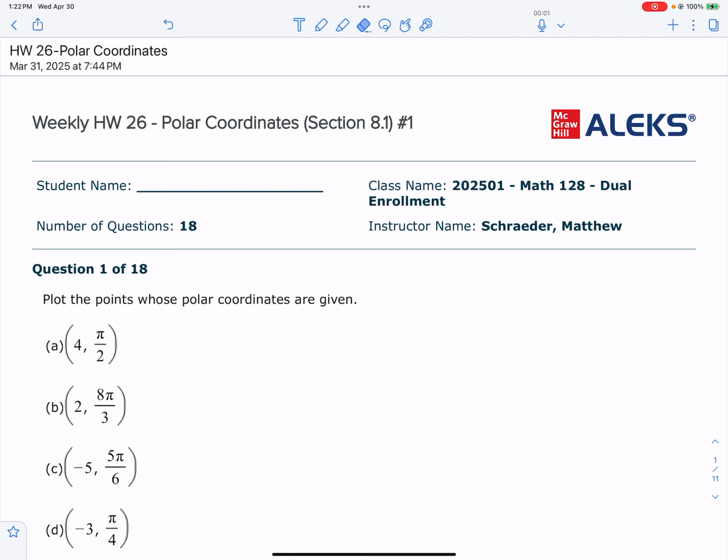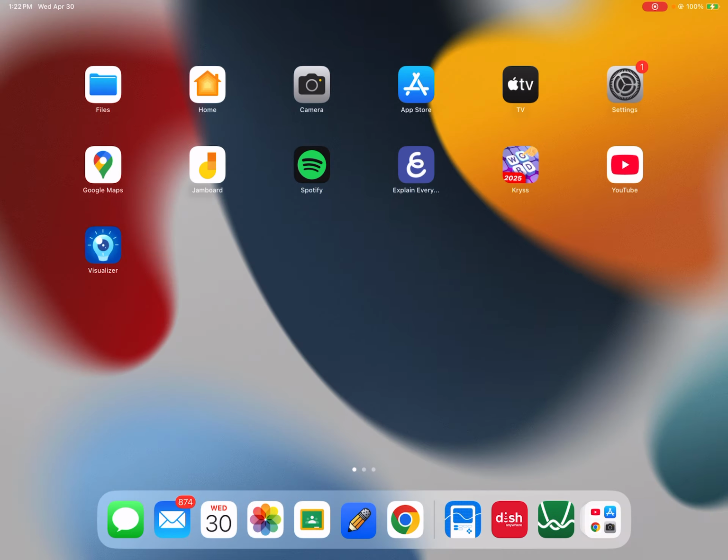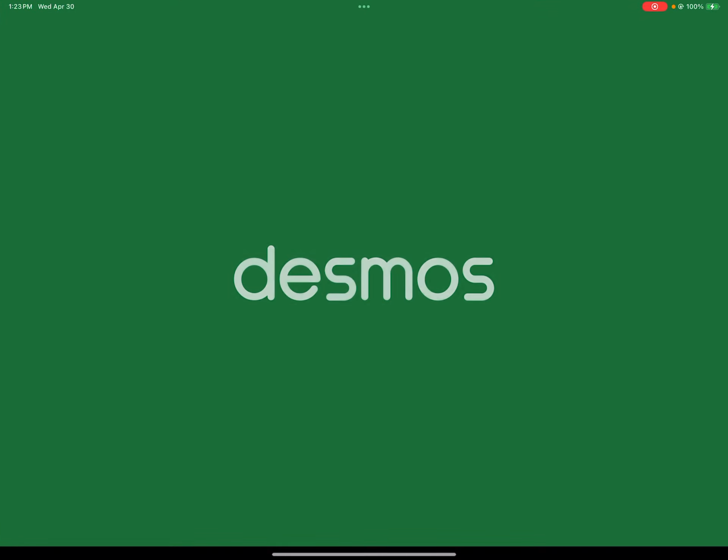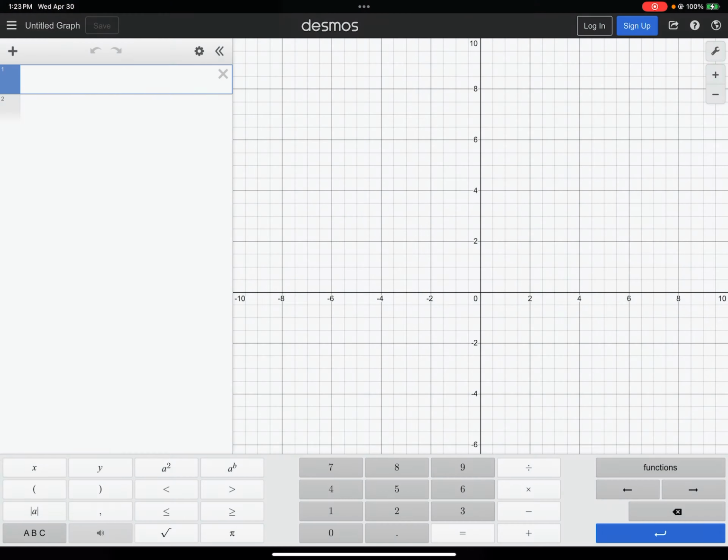Every point has a unique identifier with an X and a Y. But with polar coordinates, there are multiple ways of naming any point, just like with angles in trig. I will say that Desmos does not support polar coordinates. I do have a little workaround, because there's a way to go back and forth between polar and rectangular coordinates.